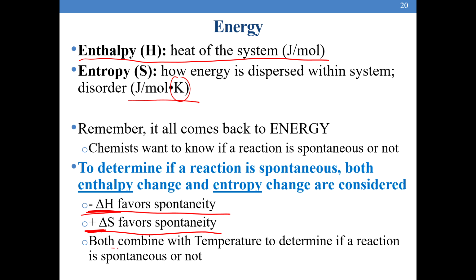Ultimately, we're going to combine both of them with temperature. Both of them need to be considered with the temperature to determine if a reaction is actually spontaneous or not. Because if you have a really high temperature or low temperature, we may or may not have a spontaneous reaction.